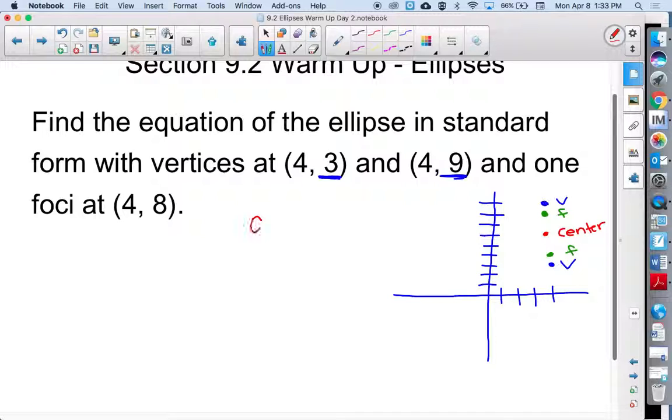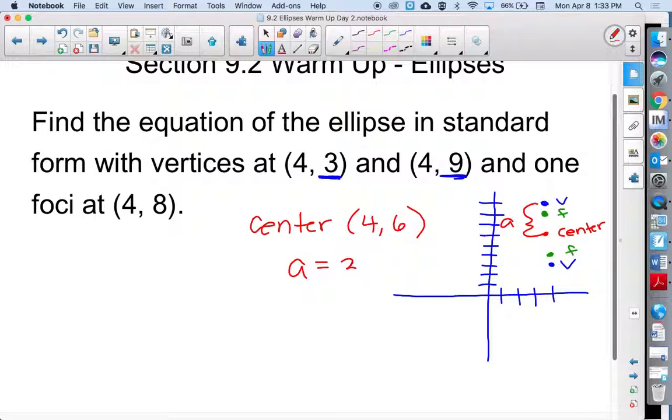So the center really is the center. It's the middle of everything. So he said the center is at 4, 6. And then you know A is? 6. What's the distance from the center to the vertex? 3. So the major axis, the whole thing is 6. But the distance for A is the center to one vertex.